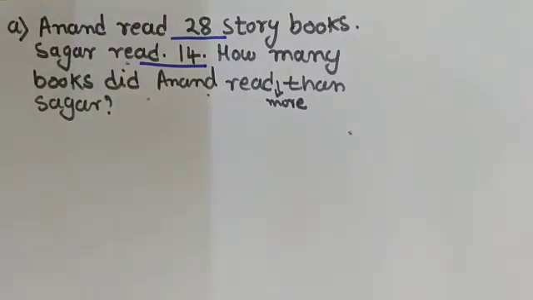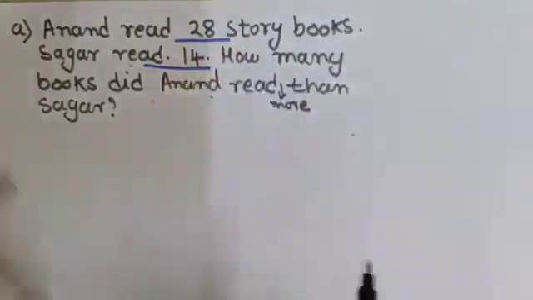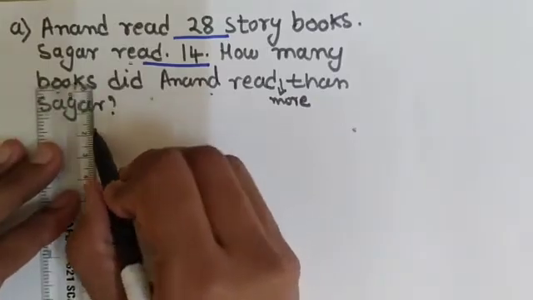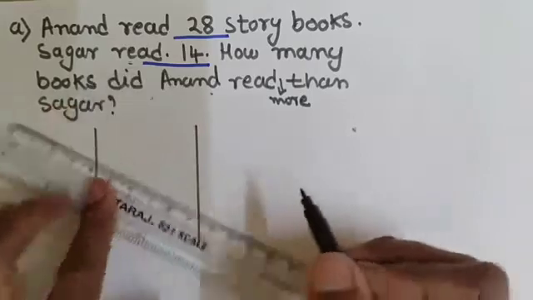So first we have to make a table of units and tens, because here we have 2-digit numbers. So we have to make tens and unit columns for 2-digit numbers.